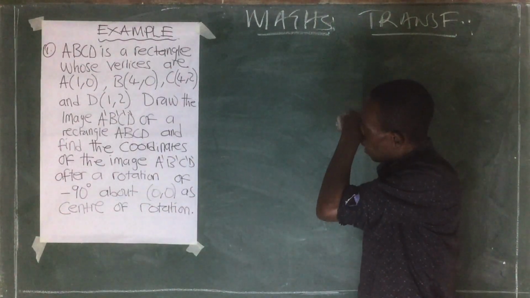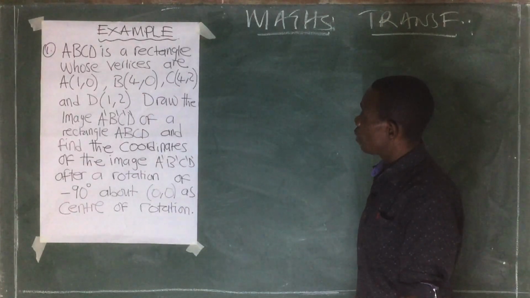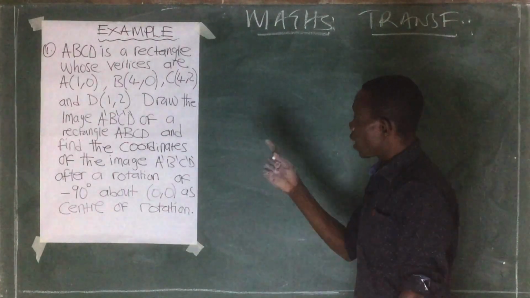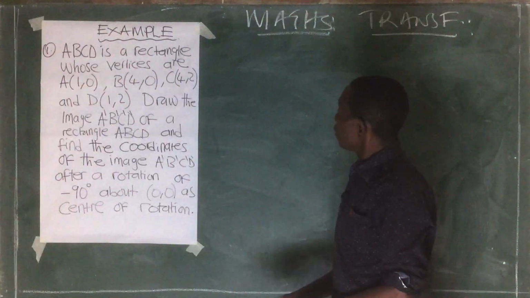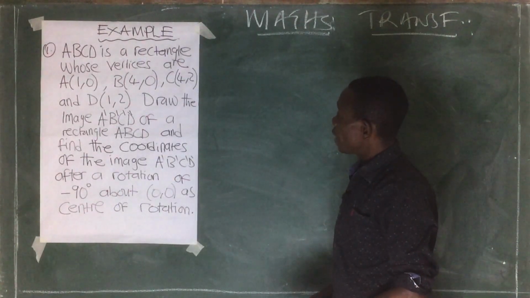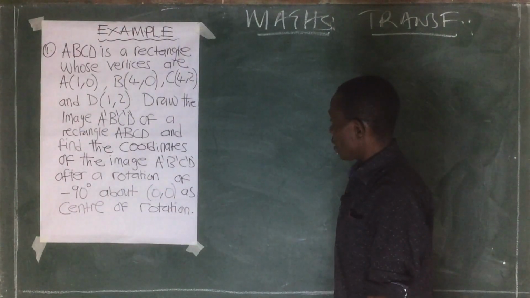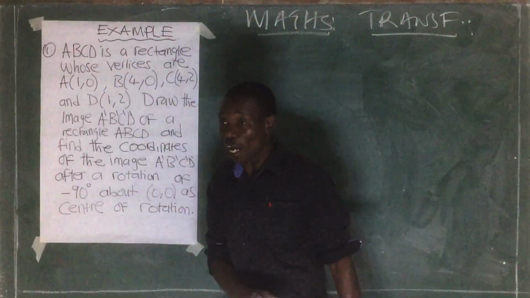Here we have an example where we are told that there's a rectangle ABCD whose vertices are given as A(1, 0), B(4, 0), C(4, 2), and D(1, 2). Our task is to draw the image of this rectangle.